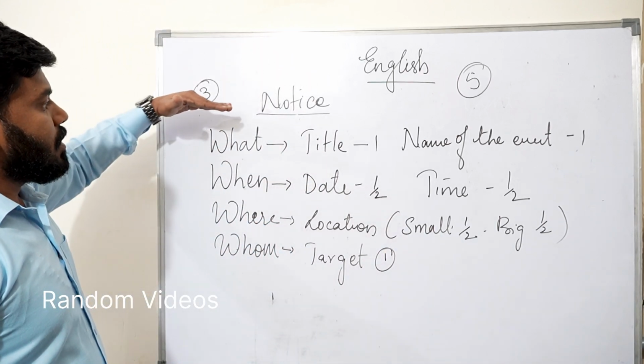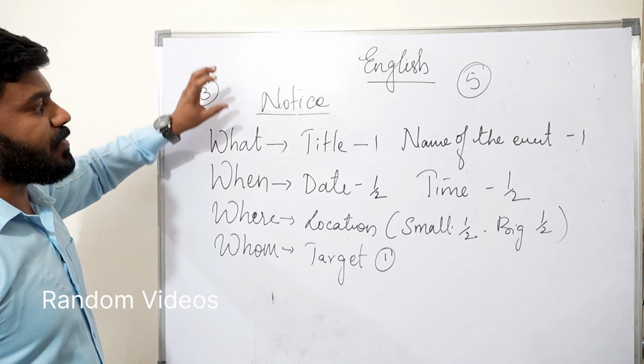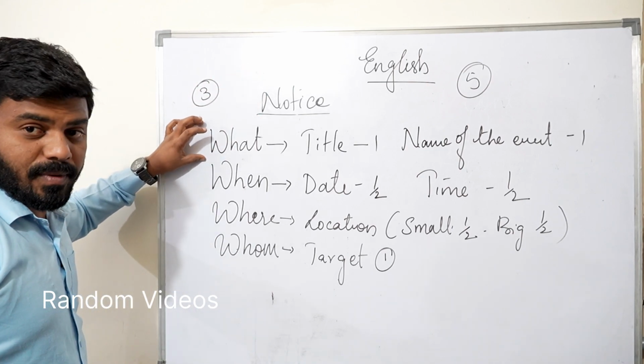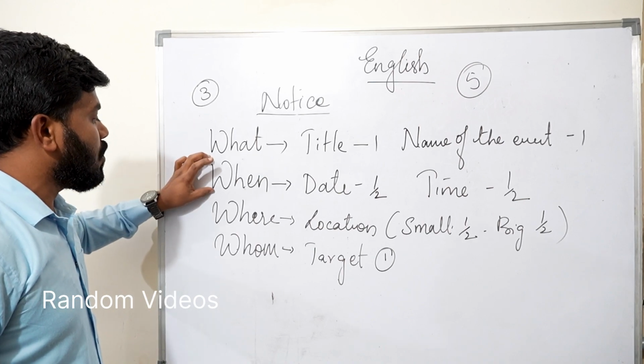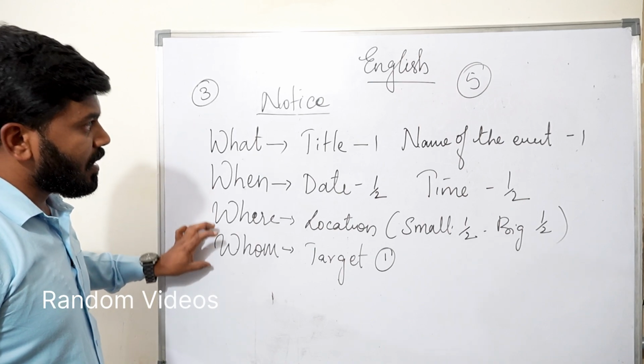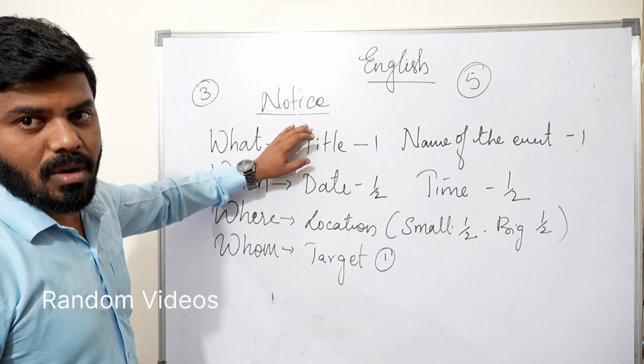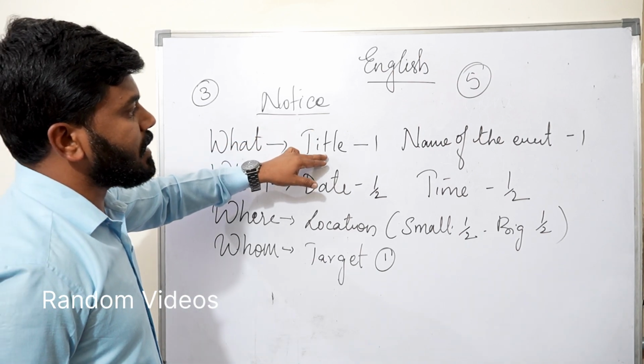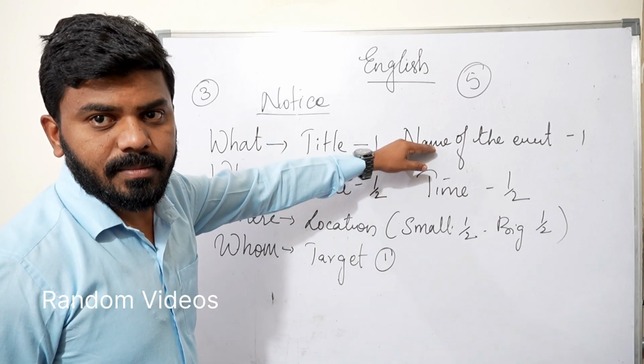Okay. So if you want to write a notice effectively, you must answer 4 questions. Those questions are what, when, where and whom. I have given you the marks allotment for each question. What has 2 particles, one is title and one is name of the event.